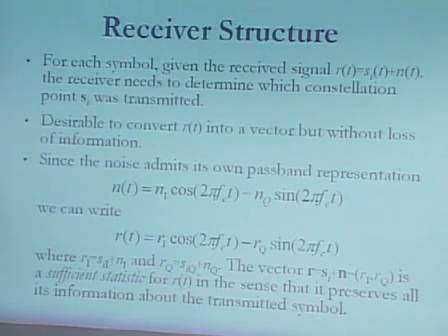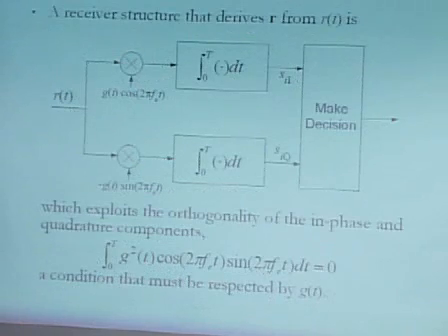And it can be proved that this vector is a sufficient statistic for the signal r(t), in the sense that it preserves all of the information about the signal that was contained in r(t). This is very important: there is no loss of information in going from the signal r(t) to the vector r. Now, how do we derive the vector r from the received signal r(t)?